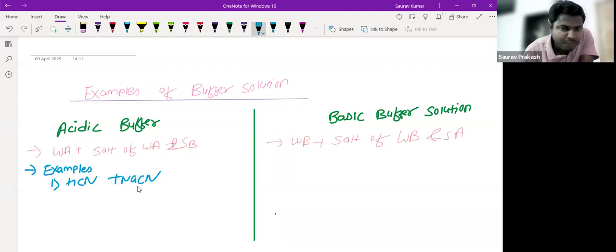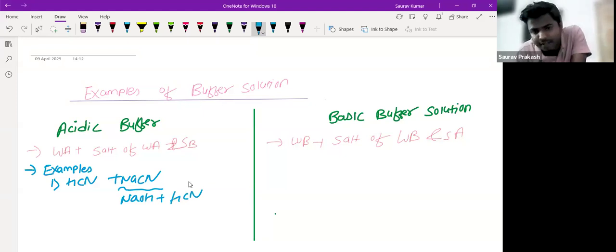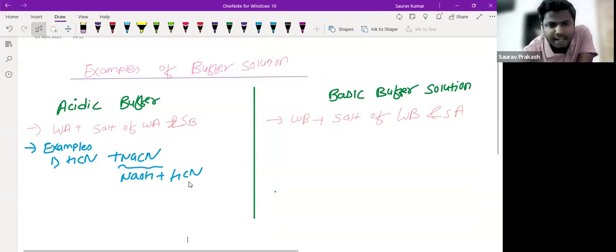HCN is the weak acid, and how is this NaCN formed? NaOH plus HCN. NaOH is the strong base and HCN is the weak acid. So it is the combination of weak acid and strong base.